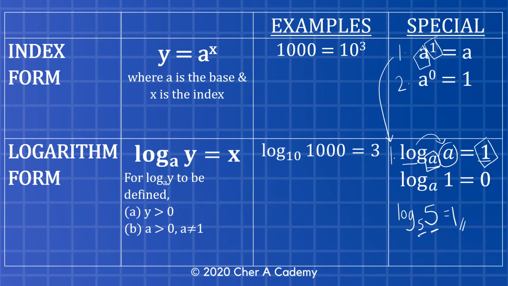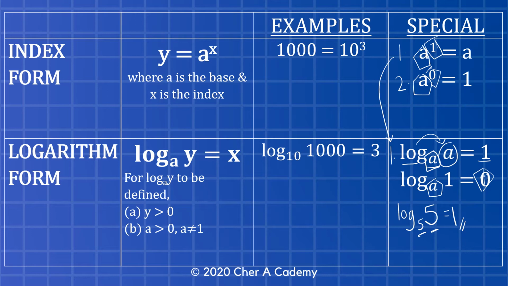Let's look at the second special index form. a to the power of 0 equals 1. When I convert it into log form, I have the base here, the rock, the power is 0, so it's here, and my 1.